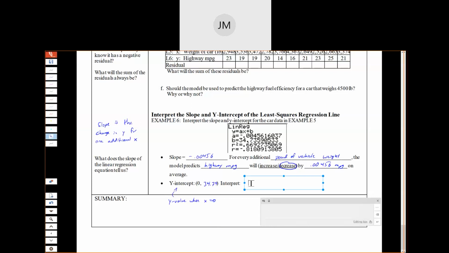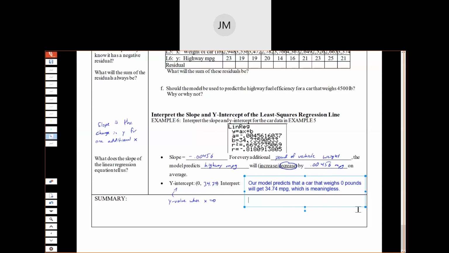So I could say that our model predicts that a car that weighs 0 pounds will get 34.74 mpg. Okay, which is completely meaningless, right? A car that weighs 0 pounds, there's no car there, right? So in this particular context, it doesn't make sense to talk about a y-intercept.